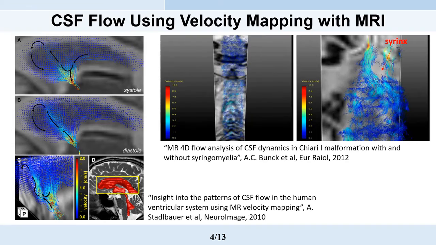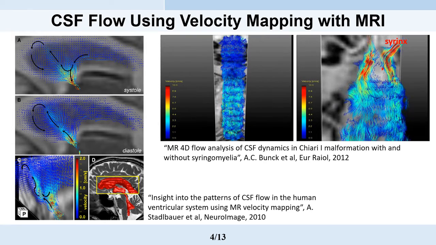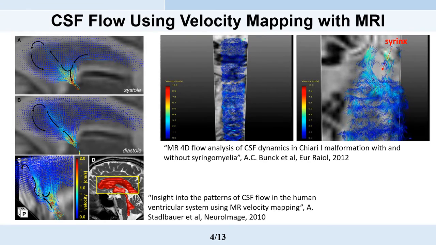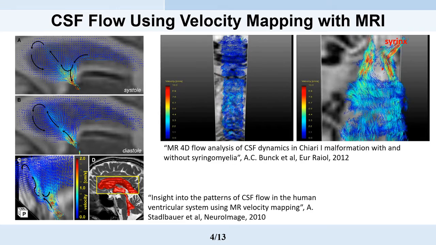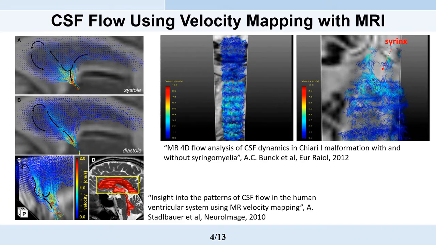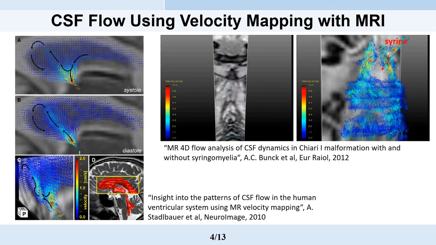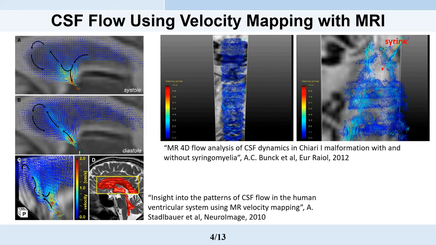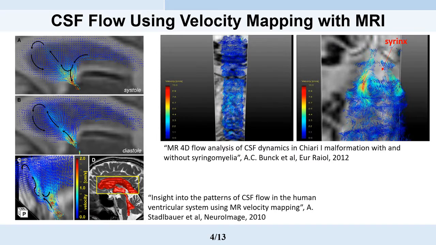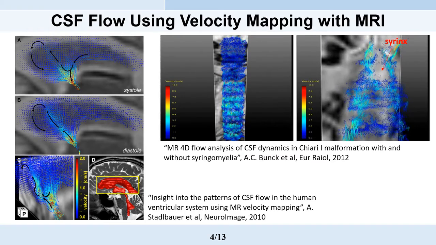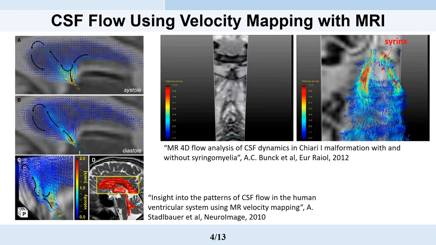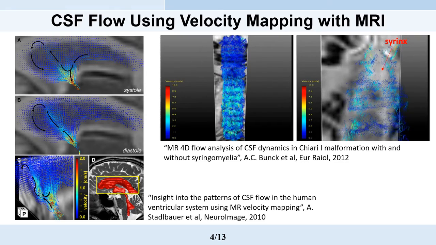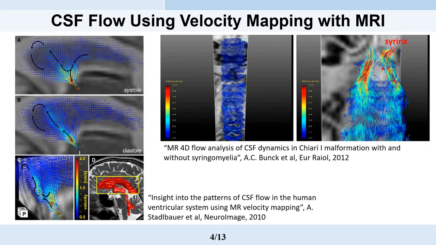Recent studies have revealed that velocity mapping with MRI is applicable to studying flow patterns of CSF in the human ventricular system and allows clarification of the patterns of CSF flow. Other studies showed that 4D flow MRI allowed comprehensive analysis of CSF flow in patients with Chiari I malformation, visualizing pronounced alterations of CSF hydrodynamics.